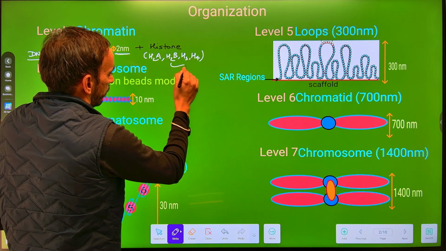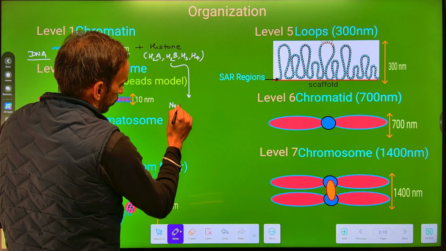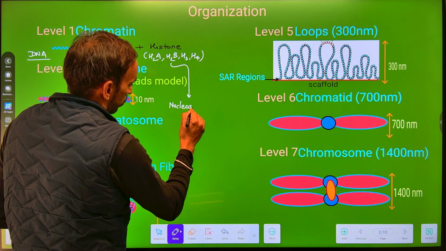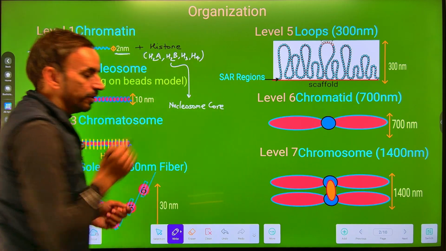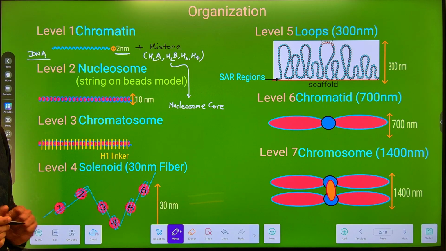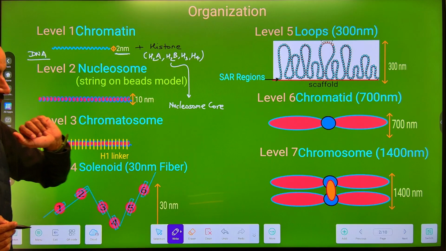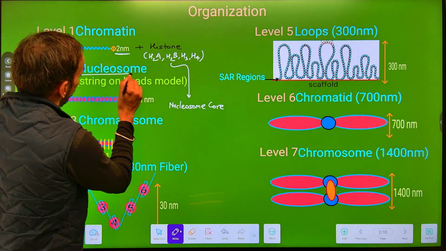They will form a structure which is called the nucleosome core. Now this chromatin interacts with this nucleosome core, which is made up of histone protein, and forms the structure which is called the nucleosome.